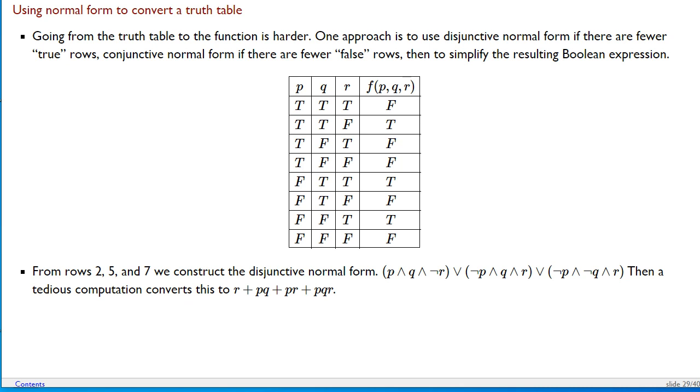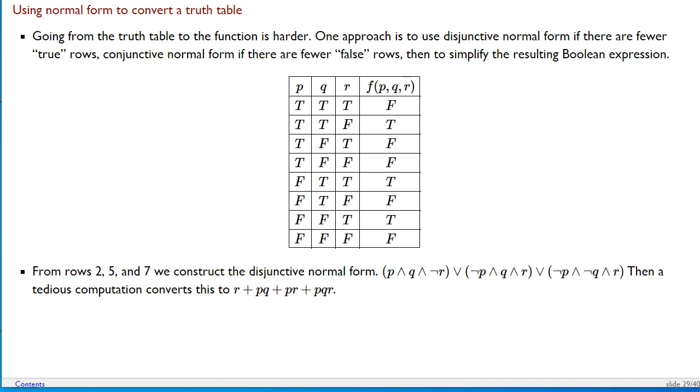When you're doing this as a practical matter, you look at the truth table to see whether the number of true rows is larger, which argues for disjunctive, or the number of false rows is larger, which argues for conjunctive. Here we've got only 3 true rows, and everyone prefers disjunctive anyway.